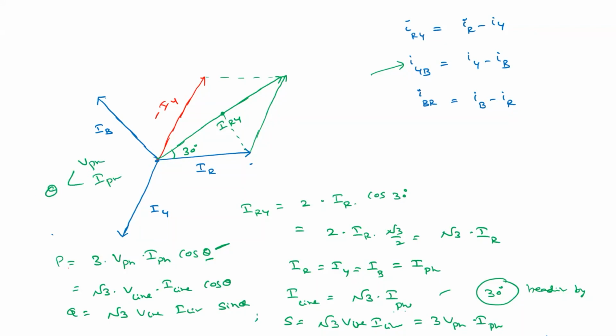It is the angle difference between the voltage phasor and the current phasor of the same phase. It should not be R phase and B phase; both should be of the same phase only. Clear? Do you have any questions?